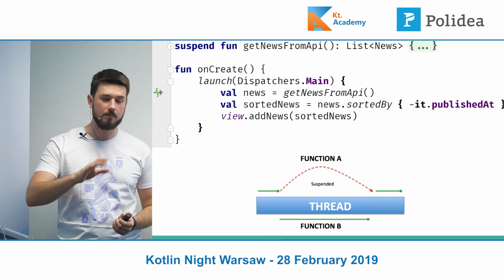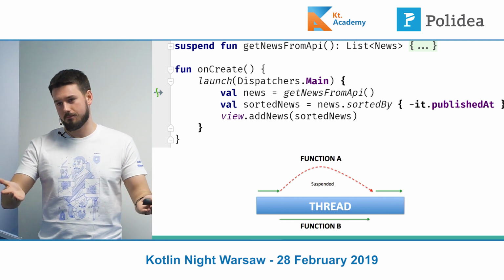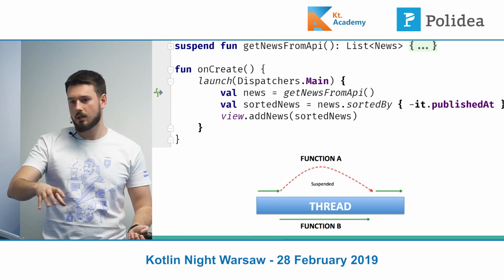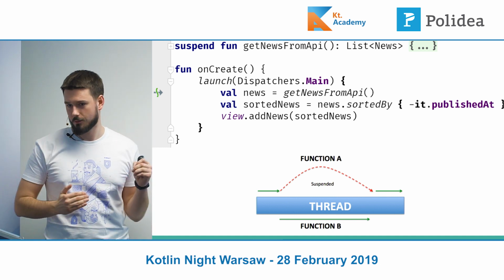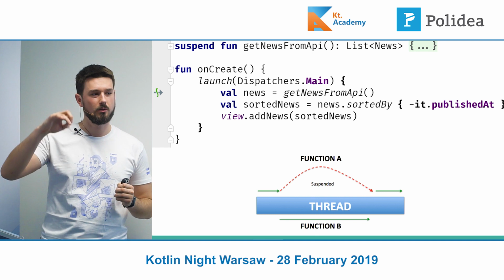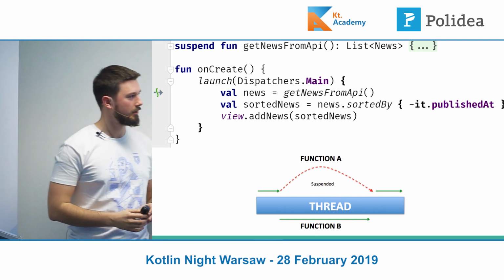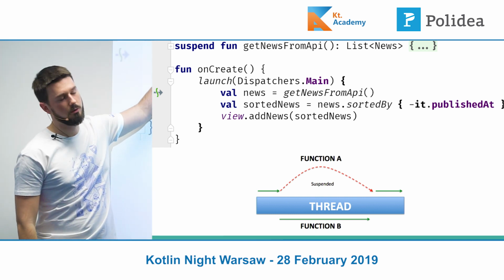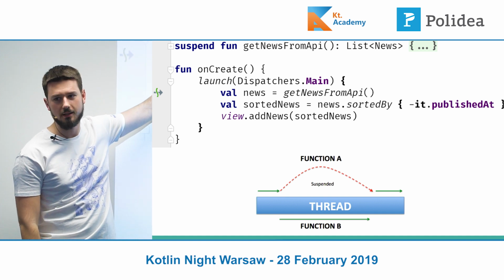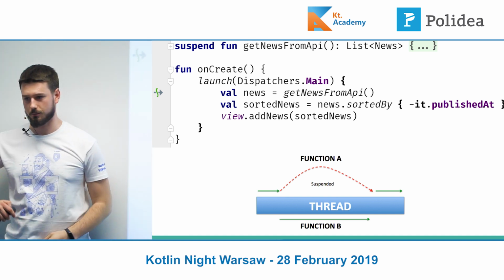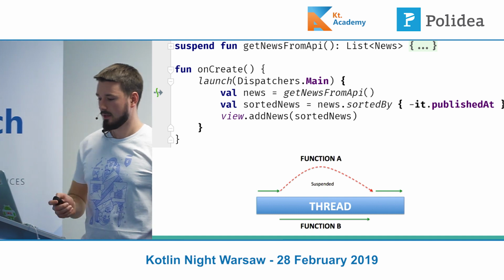We release this thread, and when we have our result, we grab it again and we start where we finished. So to make it possible, we need a new capability to stop at some point, release the thread, and start where we finished. We'll get back to that.